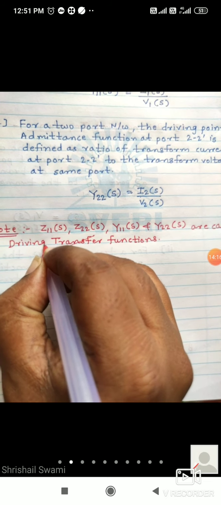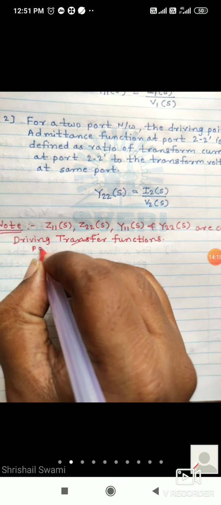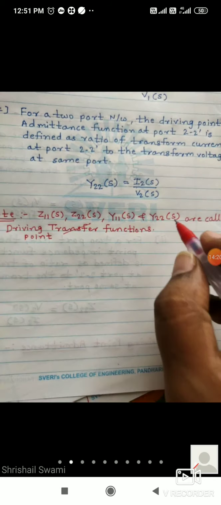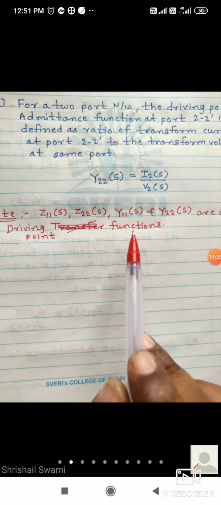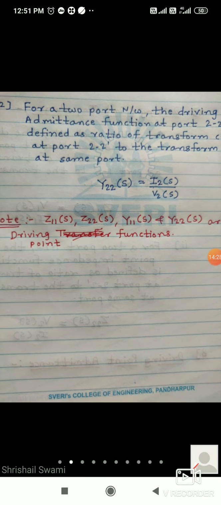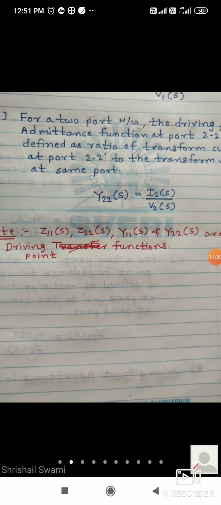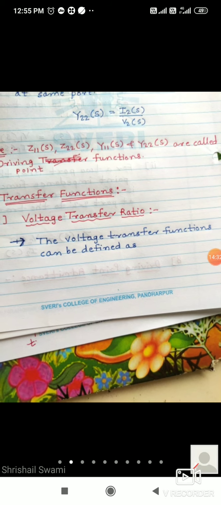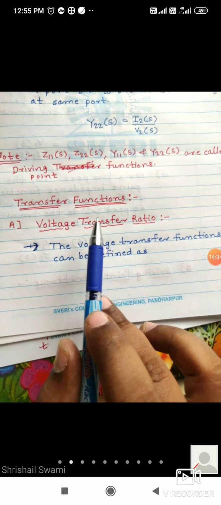Transfer functions we are observing next. So these 4 are called as what? Driving point functions. So remaining are called as what? Transfer functions. Okay, now next will be the transfer function.